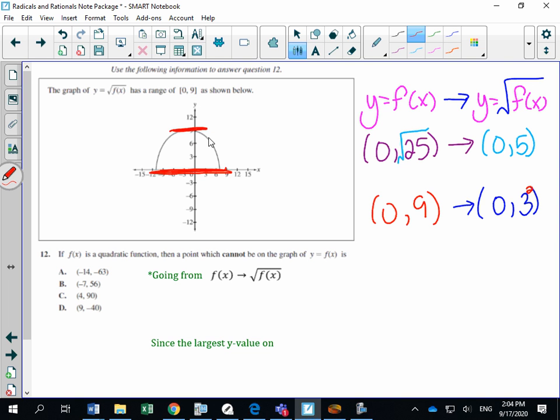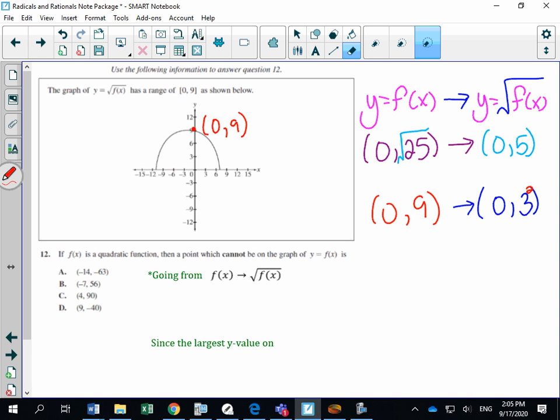Then the question says if f of x, the original graph, is a quadratic function, which point cannot be on the graph? We have to realize that the maximum point, let's just say it was right around here, that point there is 0, 9.